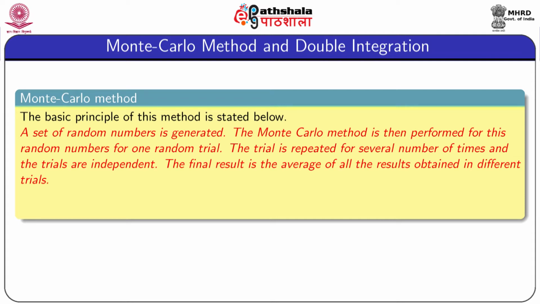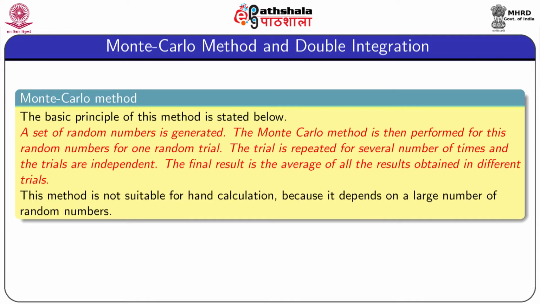The trial is repeated several times and all these trials are independent. The final result is the average of all results obtained in the different trials. So, this principle may be used to find an integration or to solve any other kind of problem. This method is not suitable for hand calculation because it depends on a large number of random numbers.